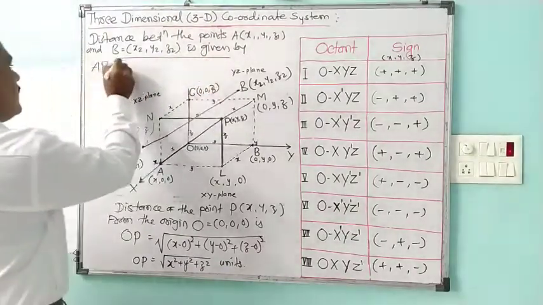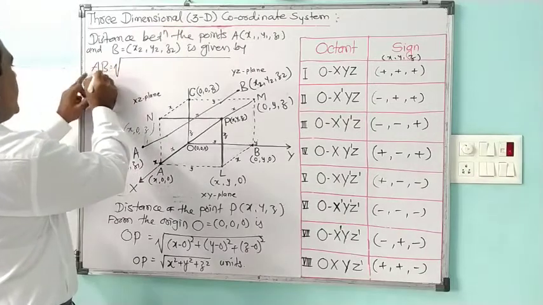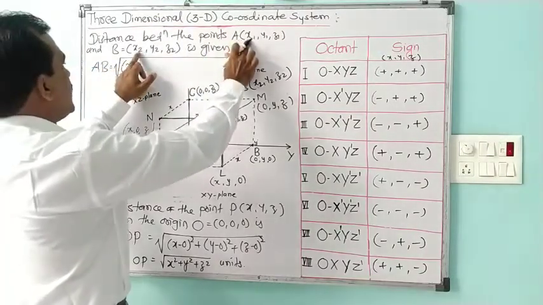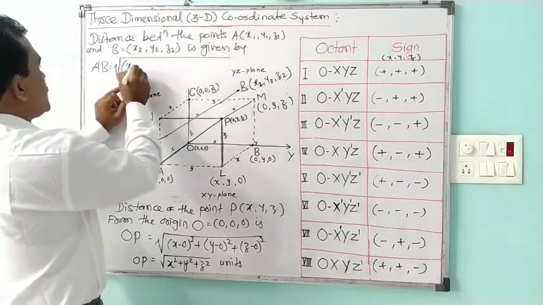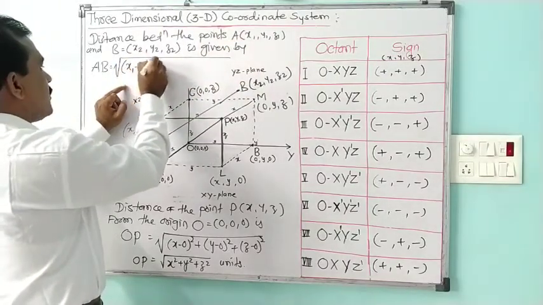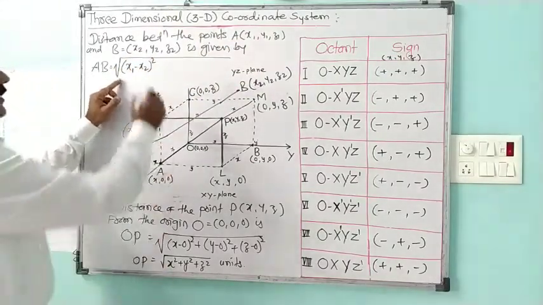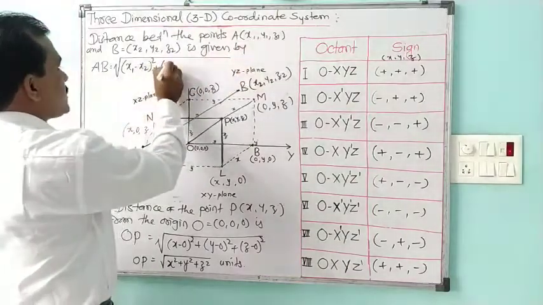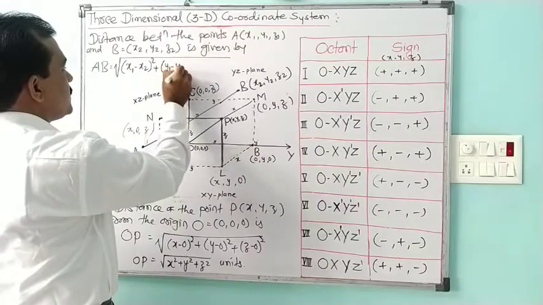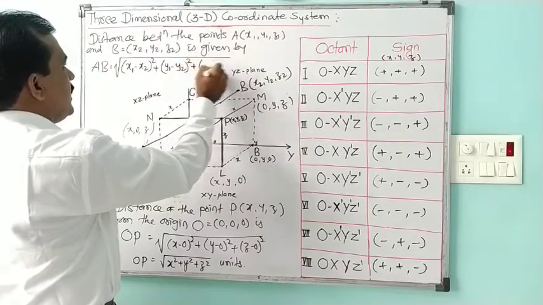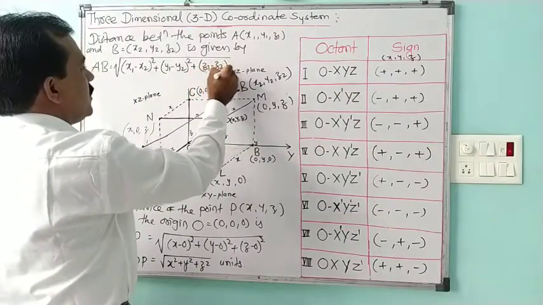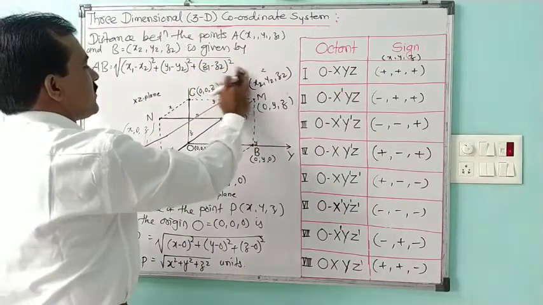This formula requires a root when AB is evaluated. It gives the difference of the first coordinate, x1 minus x2, or you can take x2 minus x1, the square of the difference of the second coordinate, y1 minus y2 whole square, and the difference of the third coordinate, z1 minus z2 whole square. So this is the formula.